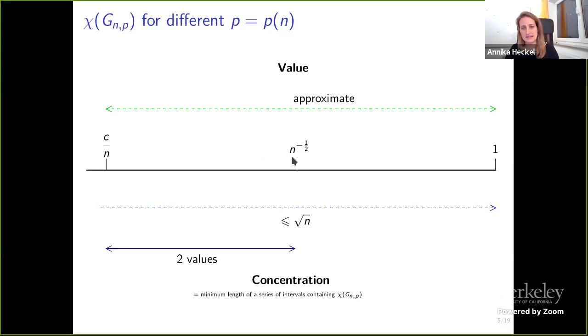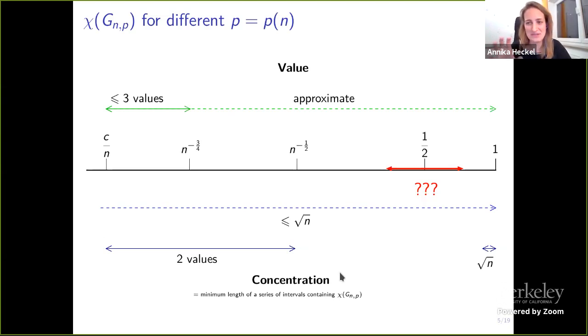And as I said, it can be sharpened almost maximally for p less than 1 over root n. And we also know what the values are for even smaller p. And so the range I'm going to focus on in this talk is the range where p is constant, or essentially anything in this gap here. So we don't really know what's going on here regarding concentration so far.